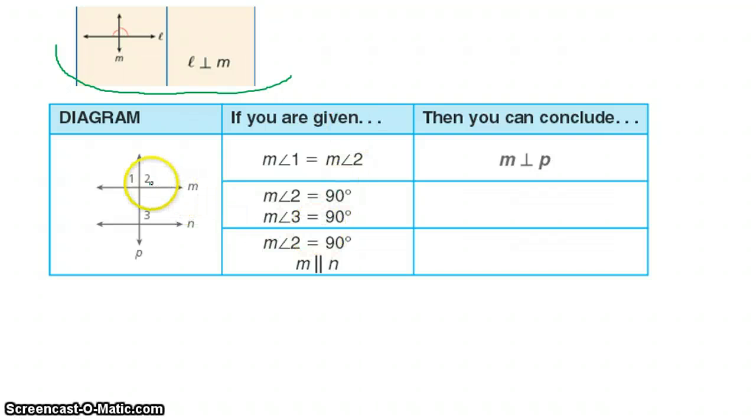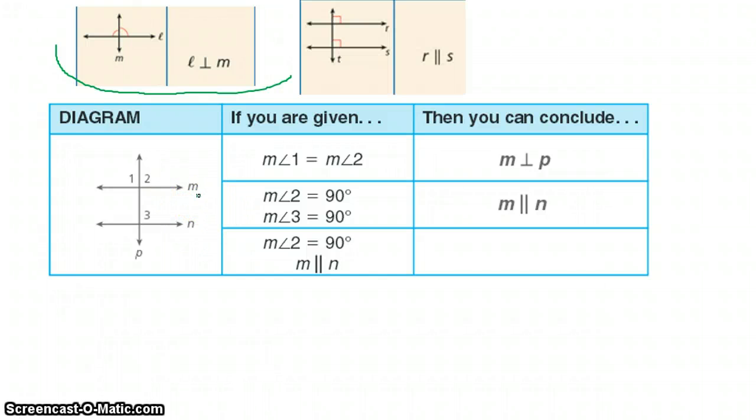How'd you do on the second one? If angles 2 and 3 are both 90 degrees, do you remember what that means? That means then that we can conclude that they are parallel to each other. And remember our drawing on this one. Remember that states if two coplanar lines are perpendicular to the same line, then those two lines themselves are actually parallel to each other.